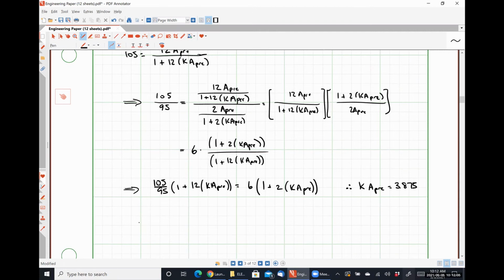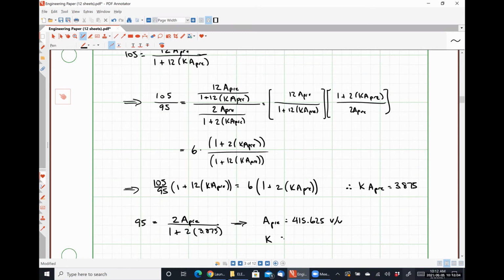If I plug this value back into either my equation at the low end or high end, I'll get the same result. So I can say that 95 is equal to twice A preamp divided by 1 plus 2 times 3.875, which yields a preamp gain of 415.625 volts per volt.